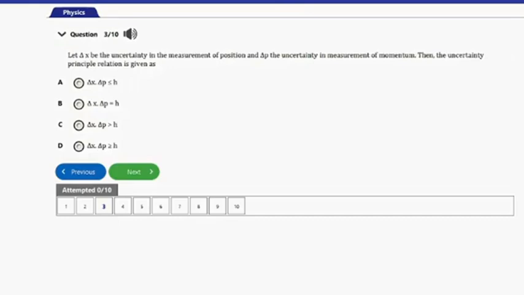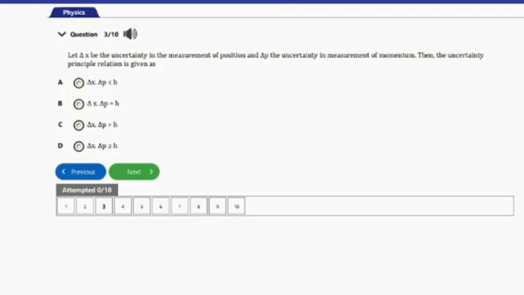The next question, question number 3, says, let delta x be the uncertainty in the measurement of position and delta p the uncertainty in the measurement of momentum. Then the uncertainty principle relation is given as A. delta x delta p is less than or equal to h.